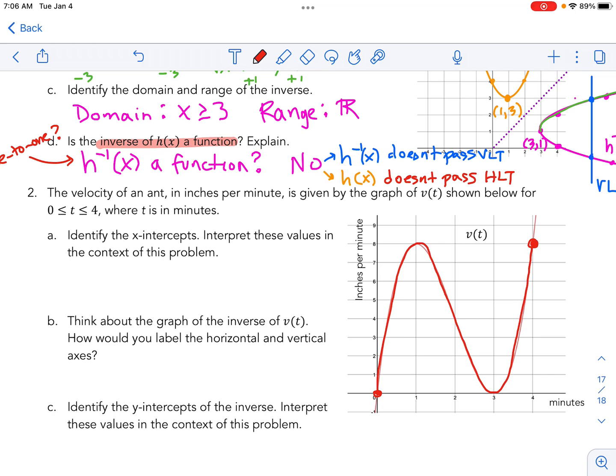of that velocity function. So identify the x-intercepts and interpret these values in the context of the problem. So x-intercepts, right? That is right here. That's at 0, 0. And here at 3, 0. And so the context of the problem says basically attach the units onto this.